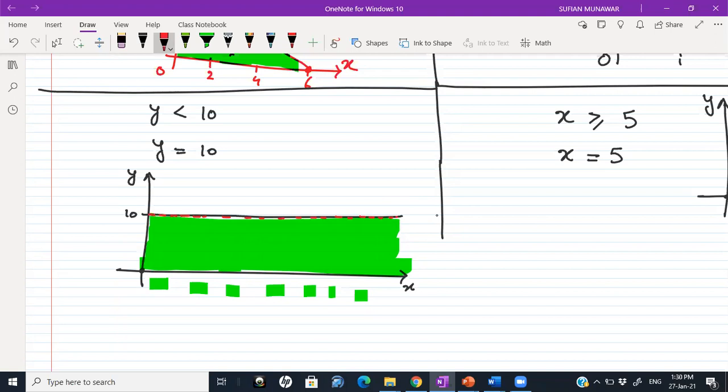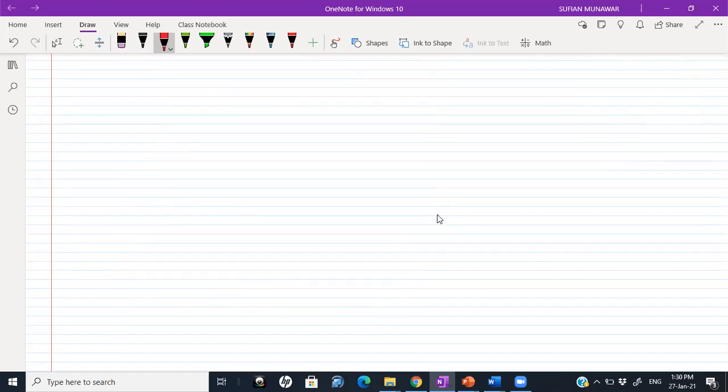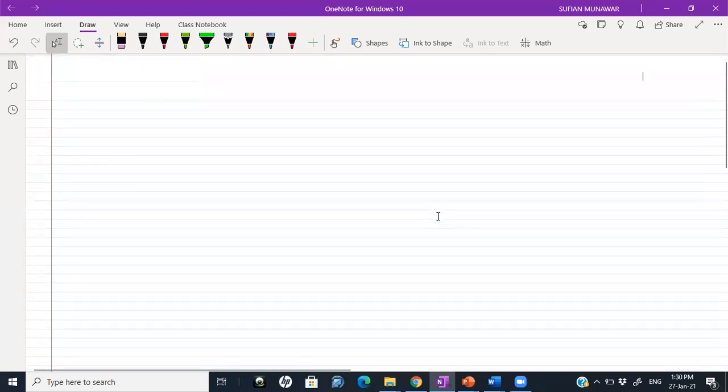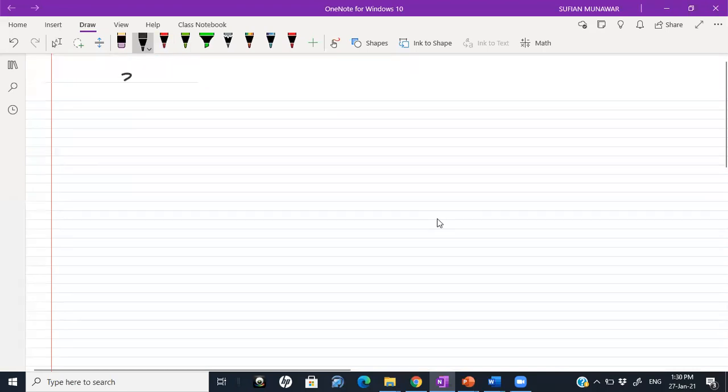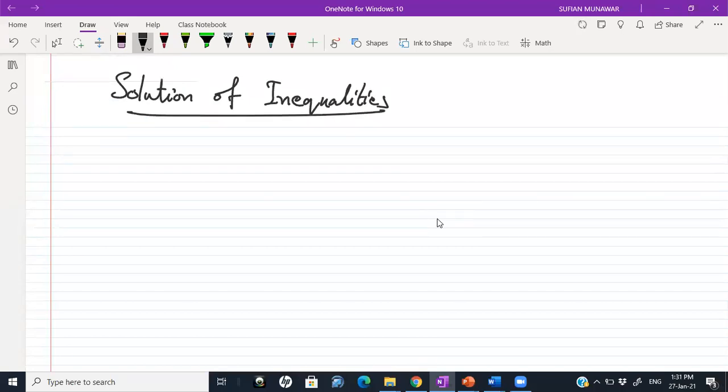Let us consider two arbitrary inequalities.